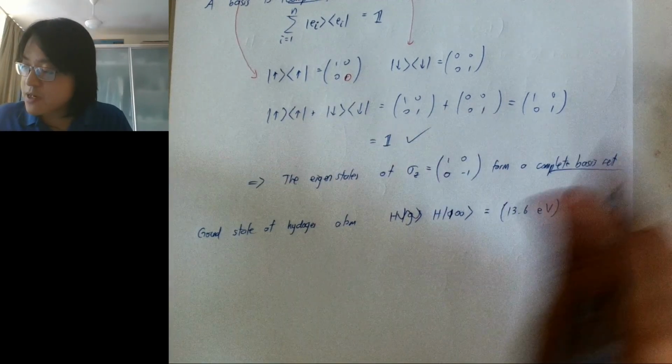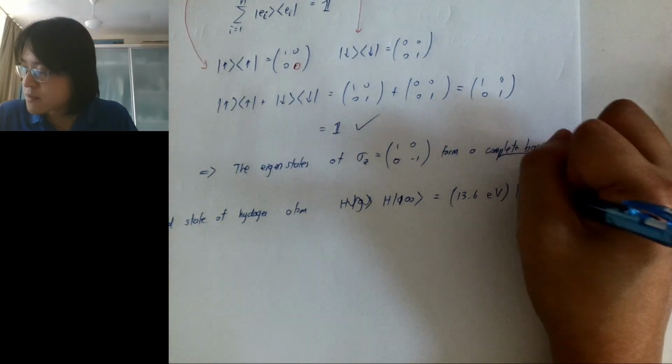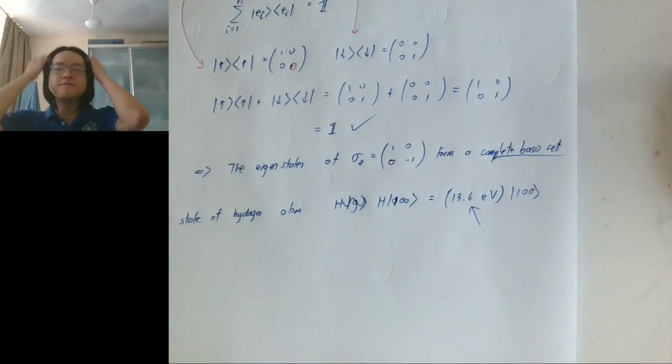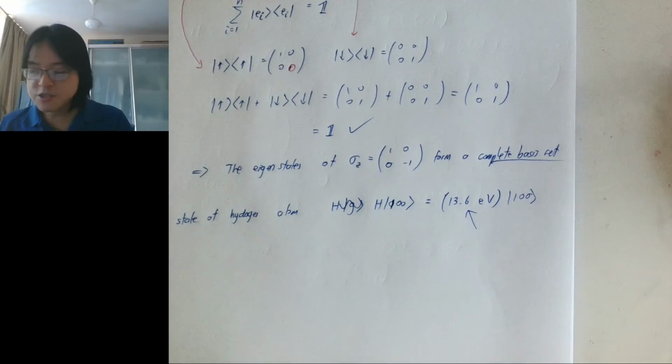You already know this from modern physics with Prof. Ong. So this is the eigenvalue, 13.6 electron volts. They just tell you the value of the energy itself.